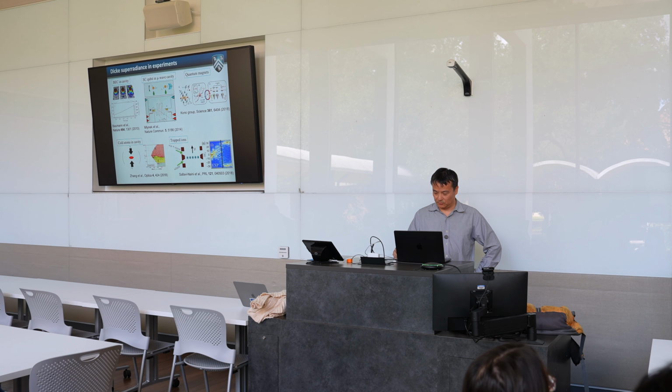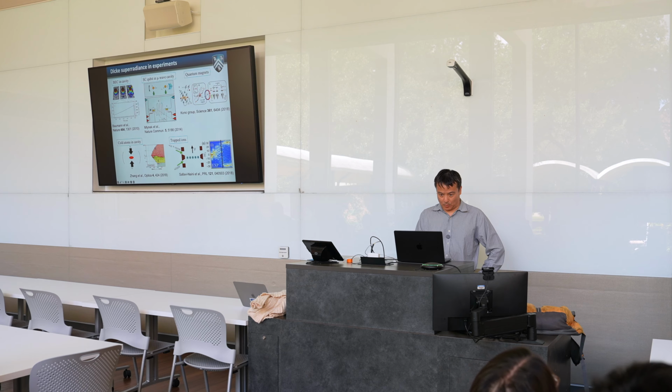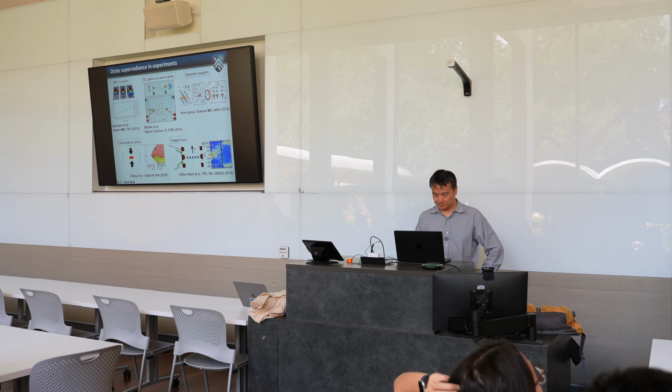Even though the Dicke model was proposed in the 50s, its realization really took a long time, and it's not done until 2010s. And the Dicke model has also been realized in superconducting qubit systems, in Professor Connell's group in these quantum magnets, and also in trapped ion systems.